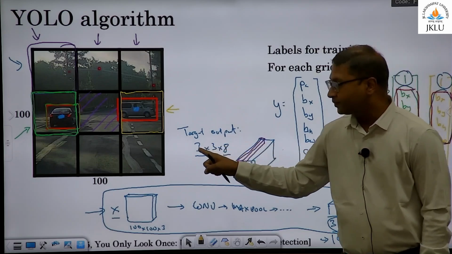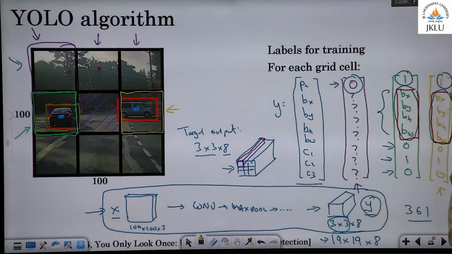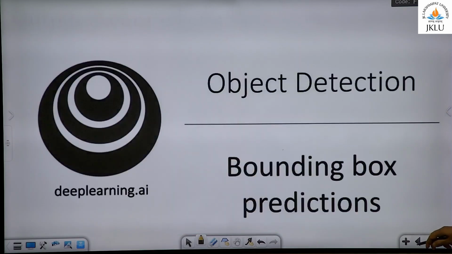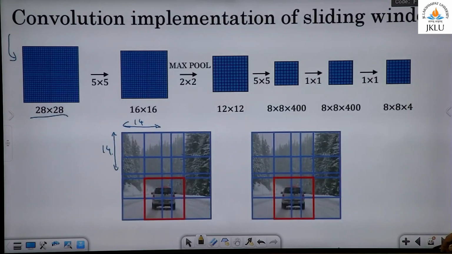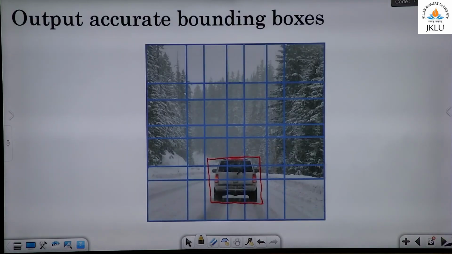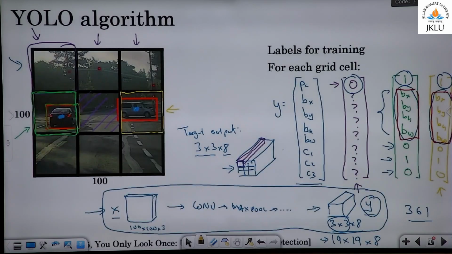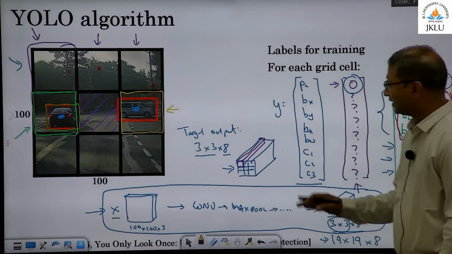Can anybody explain this 3 cross 3 cross 8? Very well done.